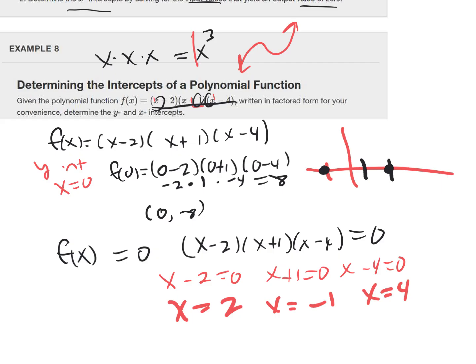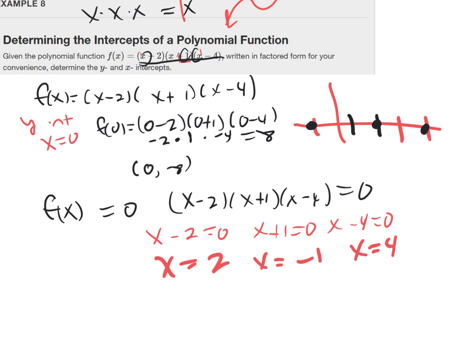So it's 1, 2, 3, 4. That dot's going over here. So then if we combine these, the ordered pairs are, remember, the y value is 0, so 2, 0, negative 1, 0, and then we have 4, 0.